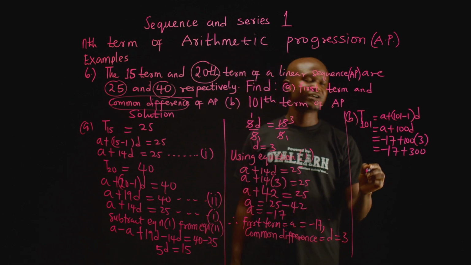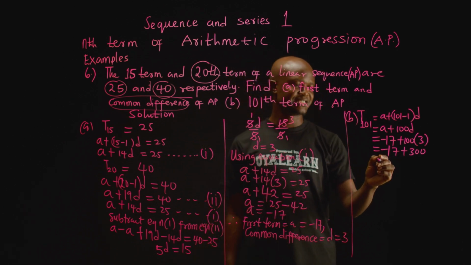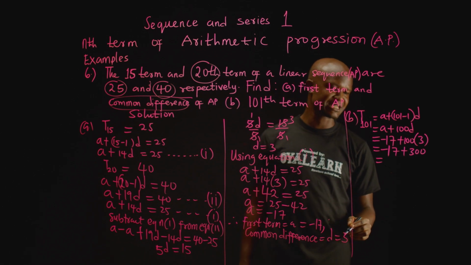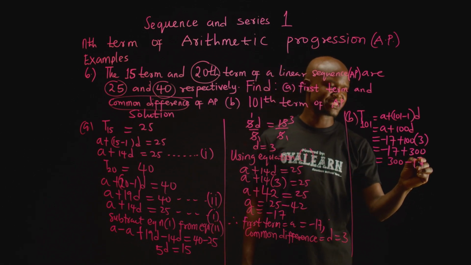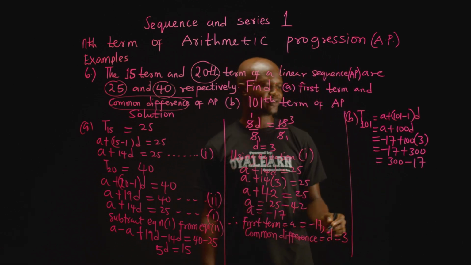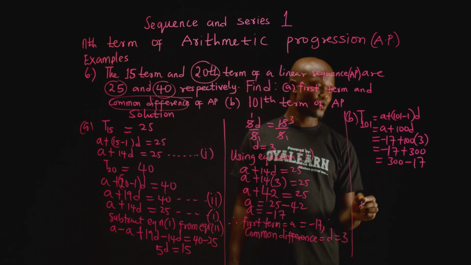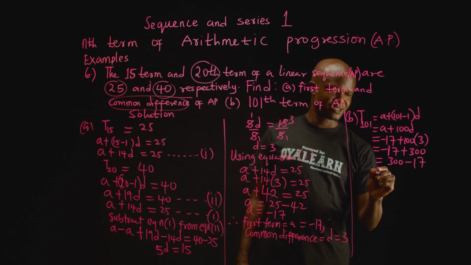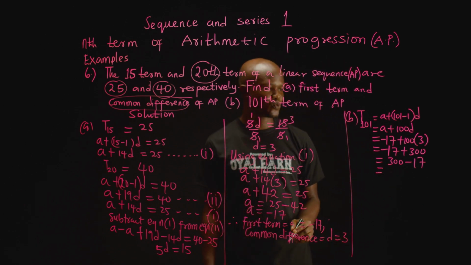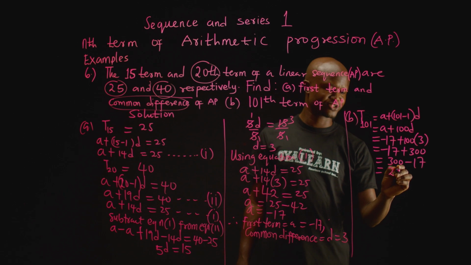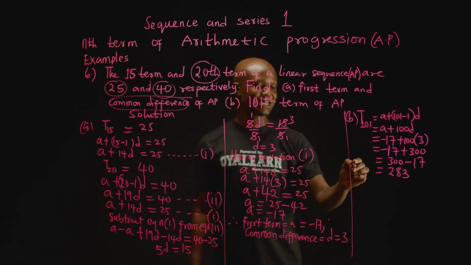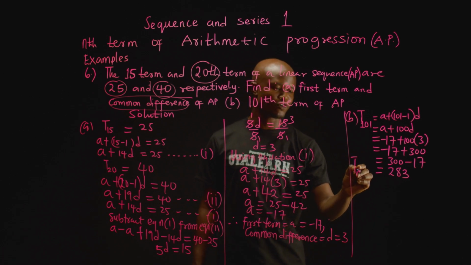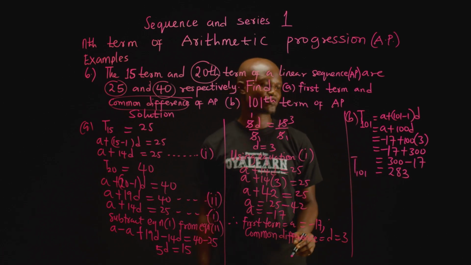Minus 17 plus 300 is the same thing as 300 minus 17, which gives us 283. So it means that the 101st term of the AP is 283.